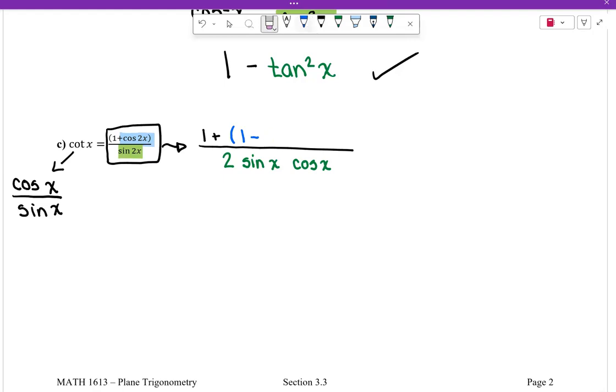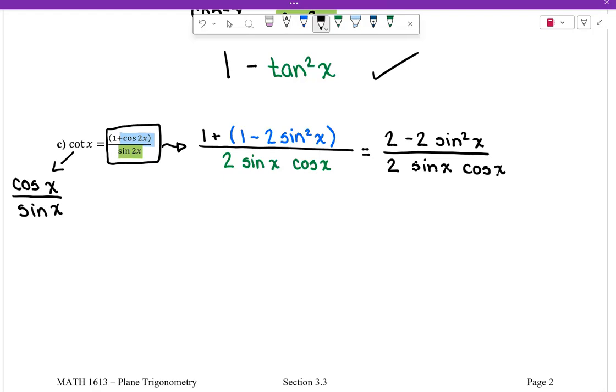Left my 2 off. So let's see what we get. The plus sign doesn't change anything. So 1 plus 1 is 2, minus 2 sine squared x, over 2 sine x cosine of x.